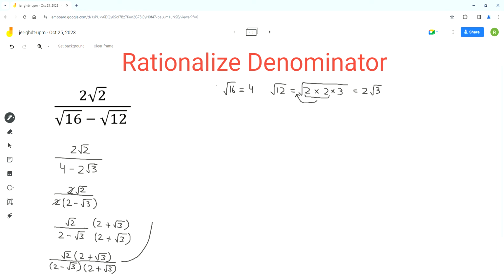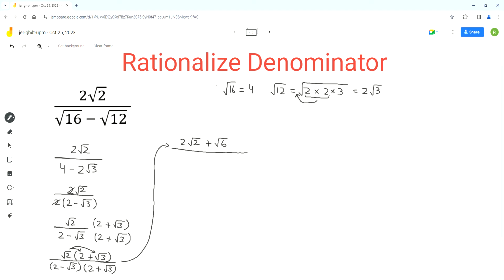Now we can simplify it by distributing the terms in the numerator and denominator. So in the numerator, we multiply square root of 2 times 2 and we do square root of 2 times square root of 3. So in the numerator, we get 2 square root 2 plus square root of 6 over.